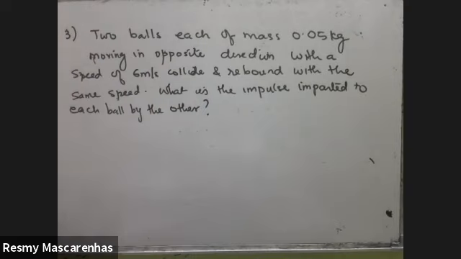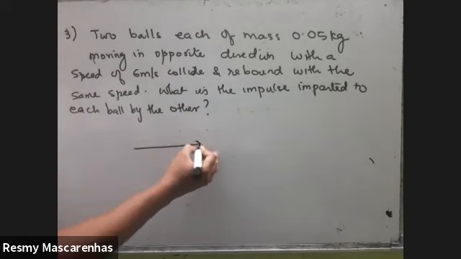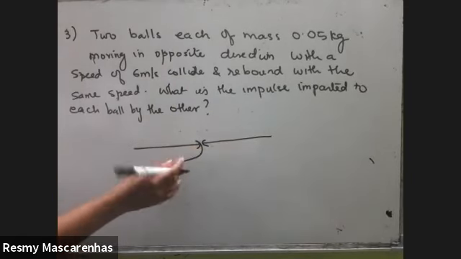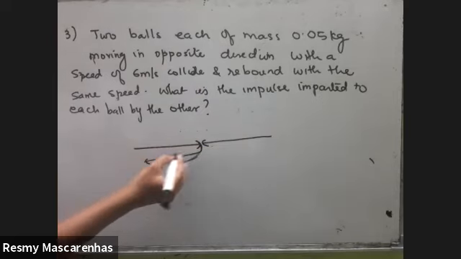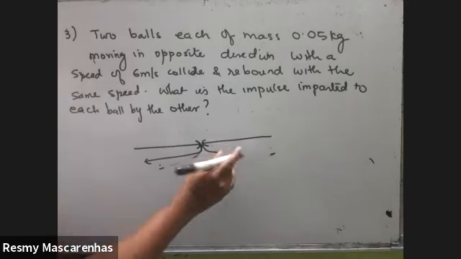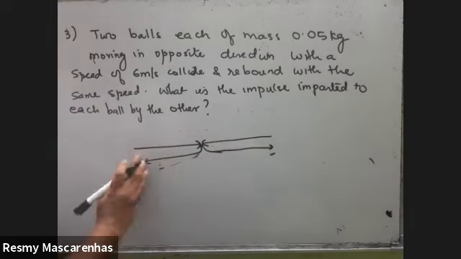There are two balls each of mass 0.05 kg. So what is happening? Like this, one ball is coming the other way and then they collide. After colliding, they are going back, and they'll follow a straight path again in the same direction.